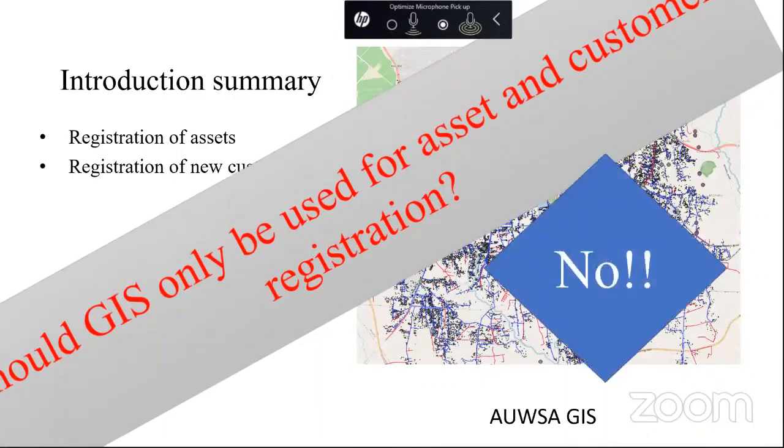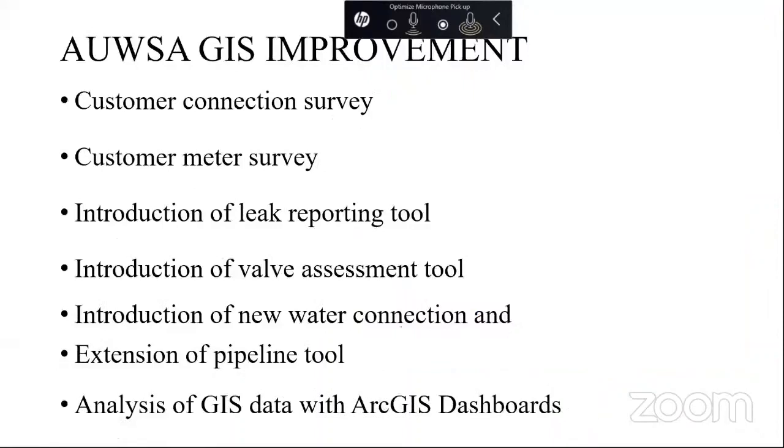Then the answer was no. That's where we reached out to Esri East Africa to assist us and to see how we can improve our GIS using the ArcGIS products. From there, we decided to improve our GIS.